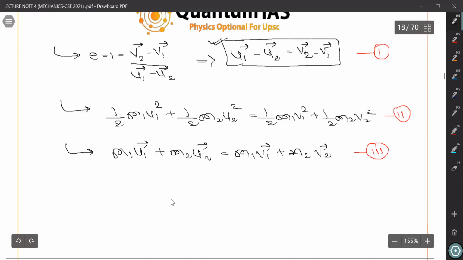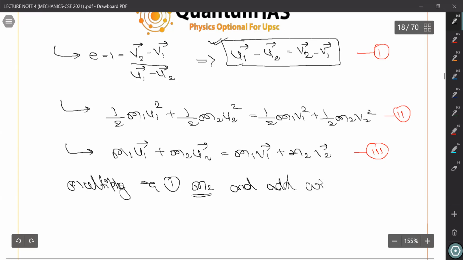Okay, so if you use 1 and 3, what happens? Multiply equation number 1 with, let's suppose, m2, and add with 3. What happens? Multiplying by m2, m2 u2 and m2 u2 will cancel each other, right?